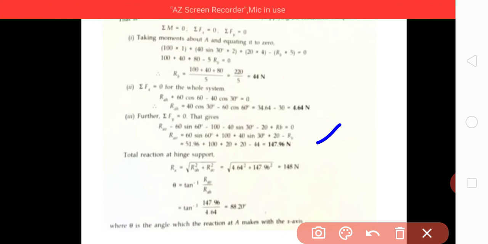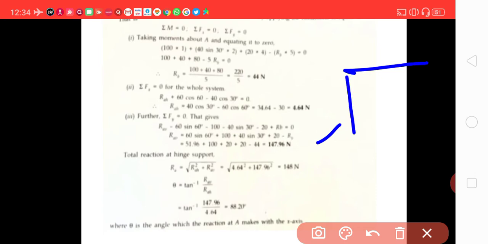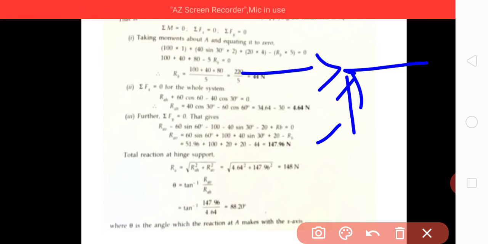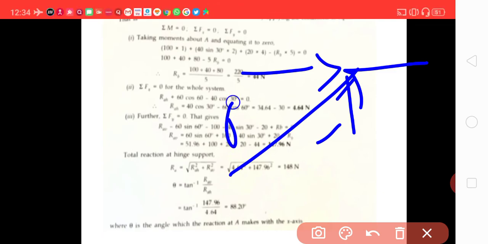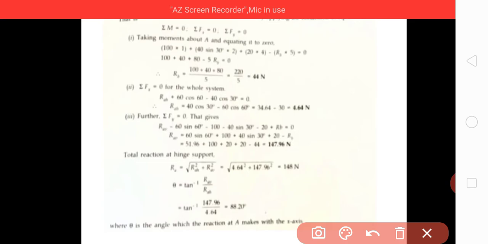Total reaction at the hinge, which is RA: this is the hinge which is having a vertical reaction and a horizontal reaction. Then their resultant RA will pass like this, which is the square root of RAH square plus RAV square, which comes out to be 145 Newton.